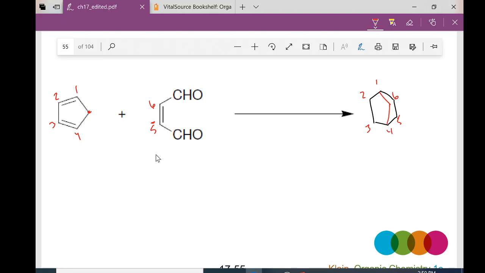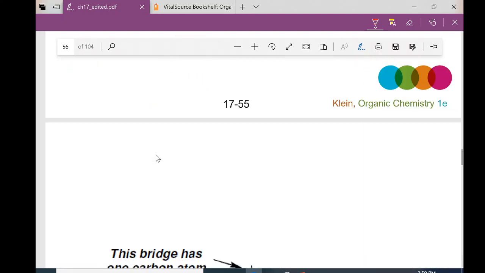Okay, so if we draw the mechanism, we're going to get a product between 1 and 6, and between 4 and 5. This pi bond becomes a sigma bond, this pi bond moves, this pi bond becomes a sigma bond. So we end up with a pi bond here, and we end up with our aldehyde groups, and since they're cis in the starting material on the double bond, they're going to be cis in the ring that forms.